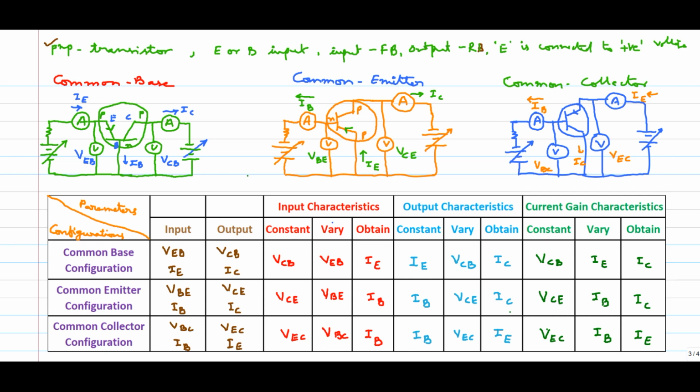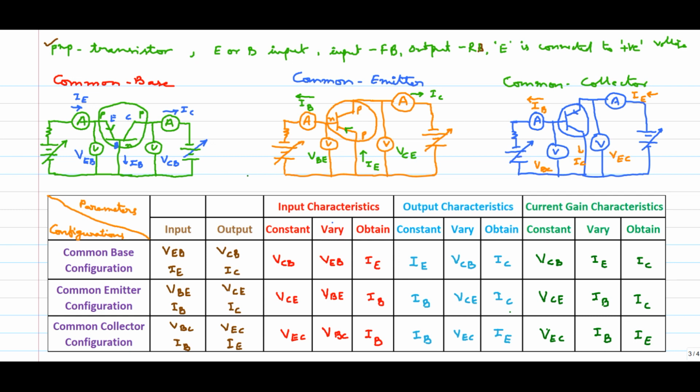For drawing the diagrams, these are the basic points to remember. We are taking a PNP transistor for convenience, and either emitter or base is the input. Input should be forward biased and output should be reverse biased, and the emitter is always connected to the positive terminal of the voltage source. If you remember these things, drawing the diagrams is very easy.